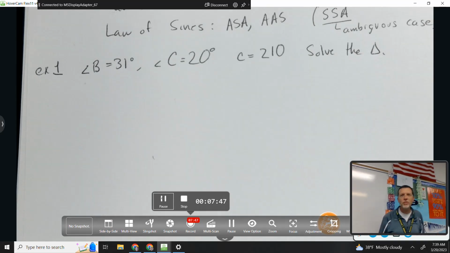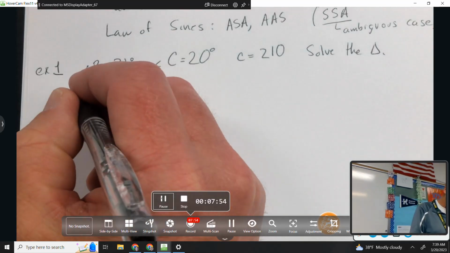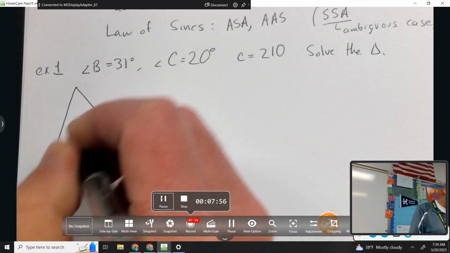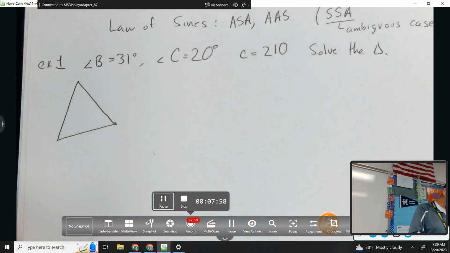Thoughts on what we should do first? It's our very first one, so let's draw a picture. That will help us visualize the problem and help us know what we know and what we don't know.